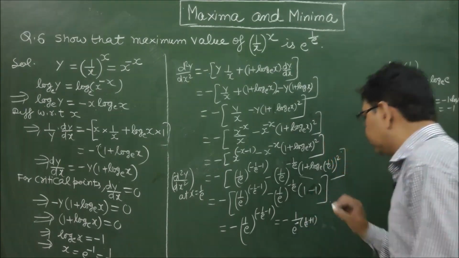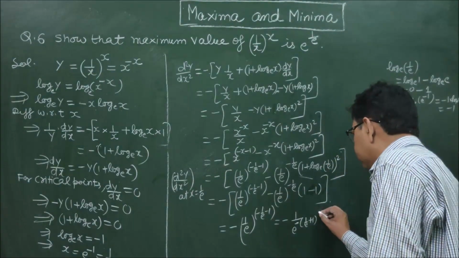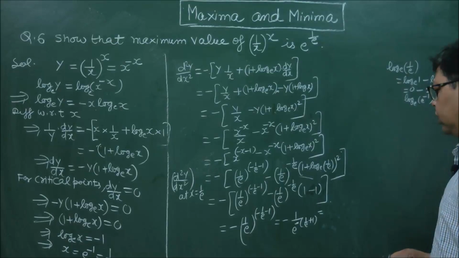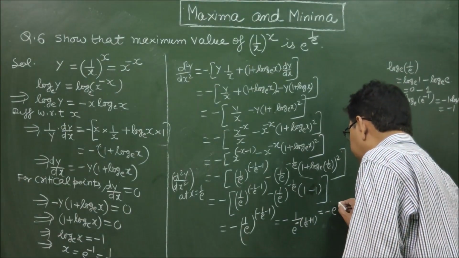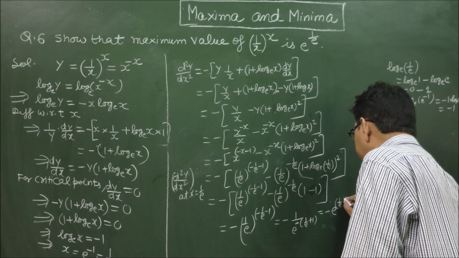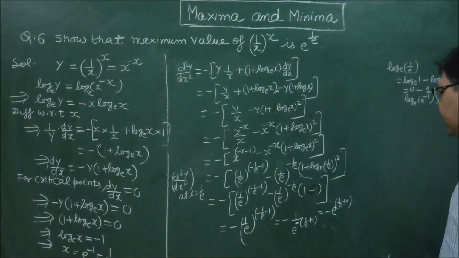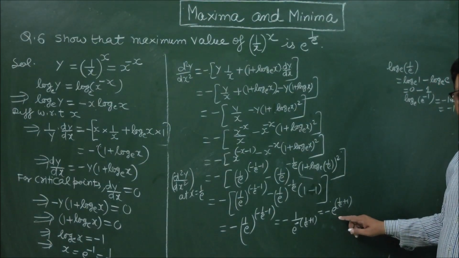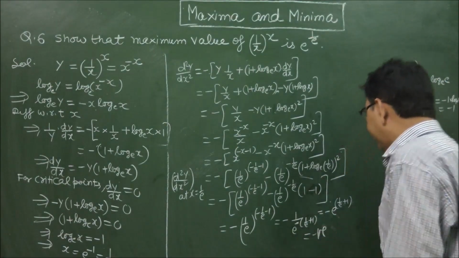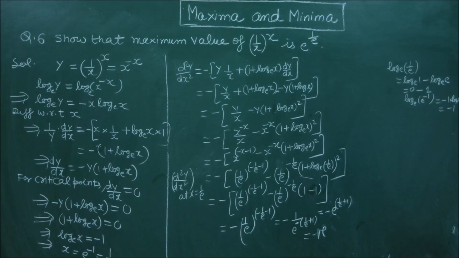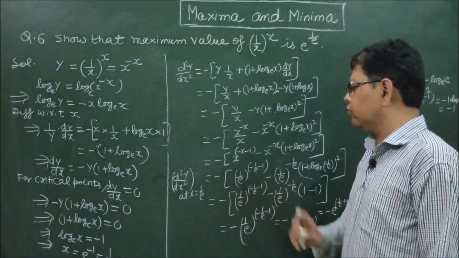If you bring it to the numerator, then this is equal to minus e raised to the power 1 upon e plus 1, and the value of e is a number which lies between 2 and 3, so this is all negative. So maxima occurs at the point x is equal to 1 upon e.